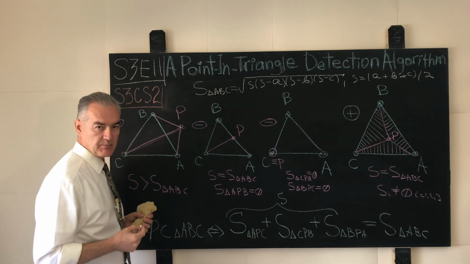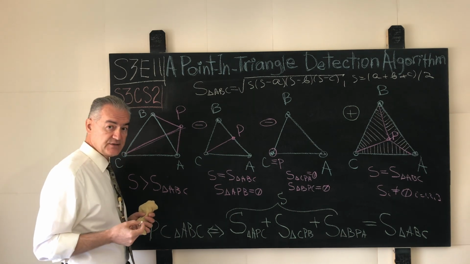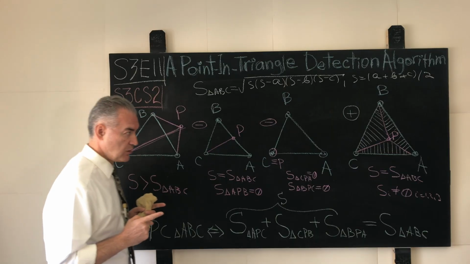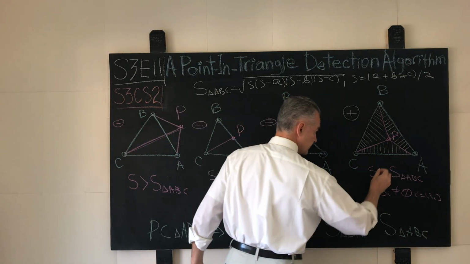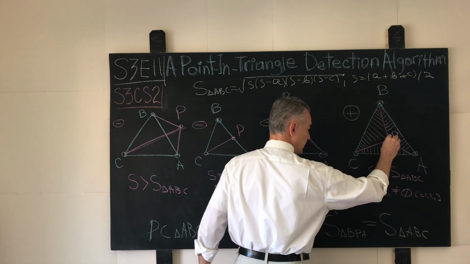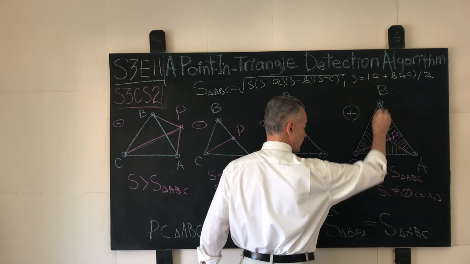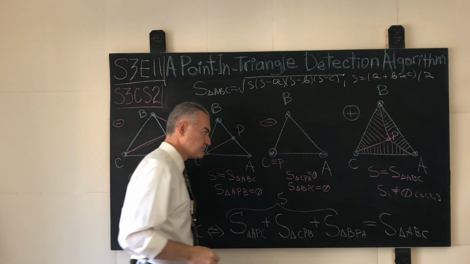This is the happy path scenario. This is the only case when we return true from our algorithm, saying that yes, it is the case that the point P is located strictly inside of the given triangle ABC.